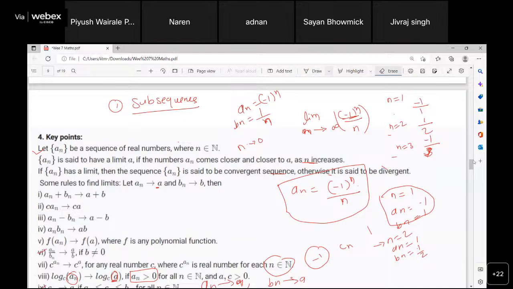This one only, right, if I want to apply the sandwich principle. My bn is tending to 0, this is for sure. And this an, limit n tends to infinity, is it convergent or divergent? Diverging. It is diverging, right?